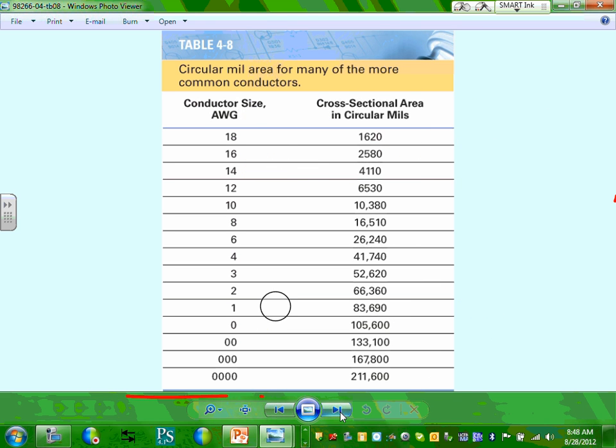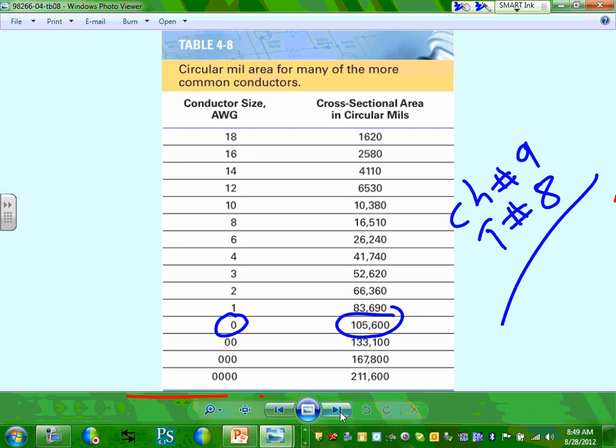For example, when you do a voltage drop calculation and you need the circular mils of number 1 AWG, here's the circular mils. No rocket science. This is coming from Chapter 9, Table 8, which we will be using when we do voltage drop calculations. So that's directly coming from the circular mils. Comments, questions about that one? Does everybody understand where it's coming from?